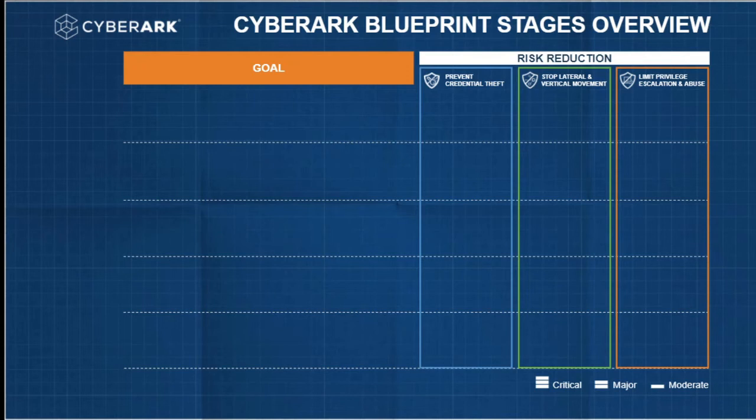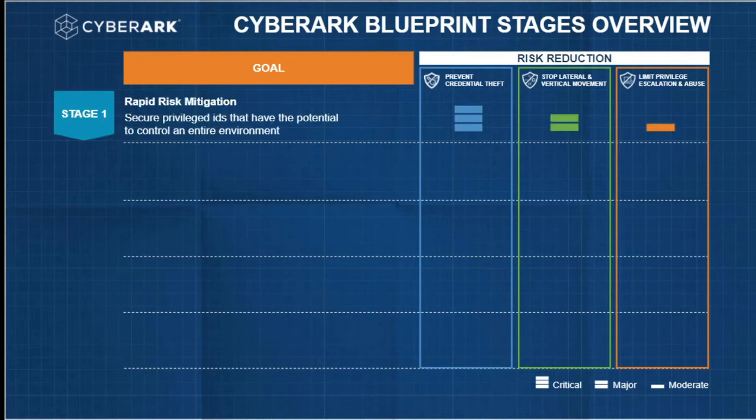The CyberArk Blueprint incorporates a phased, risk-based approach broken down into 5 stages of implementation. At stage 1, the focus is rapid risk mitigation. These are primarily systems and accounts that can be used for a complete network takeover.